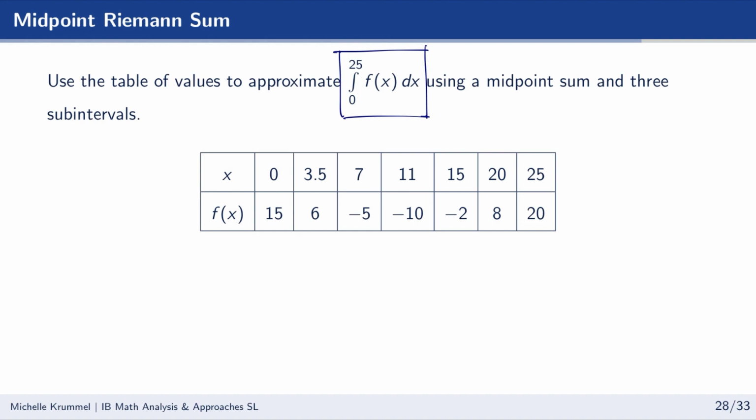So for now, just know that this is representing the area under the curve. So I'm going to call the curve f of x. It's the area under f of x, and I'm going to put under in quotes. It's the area under f of x on the interval 0 to 25.